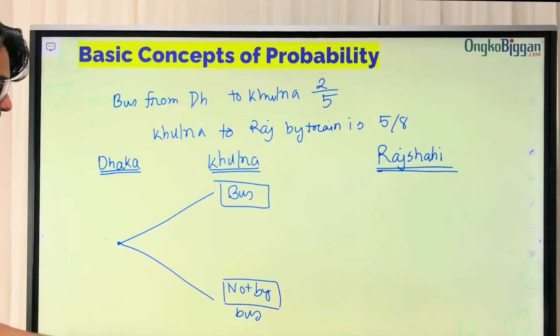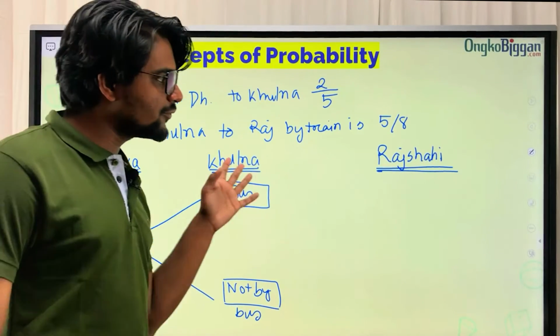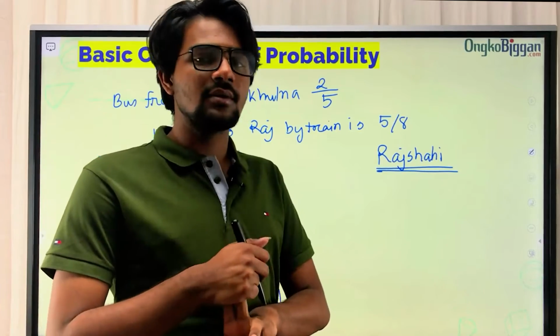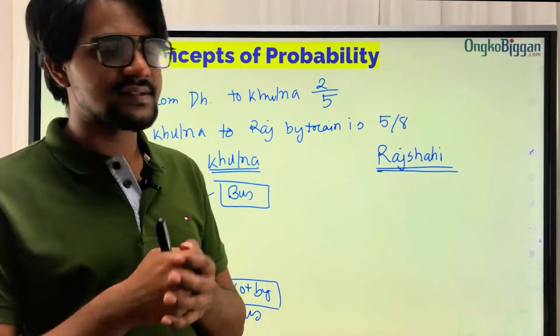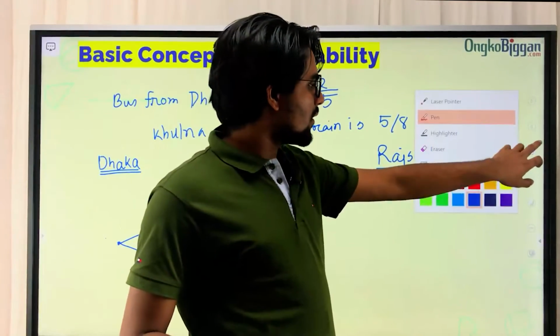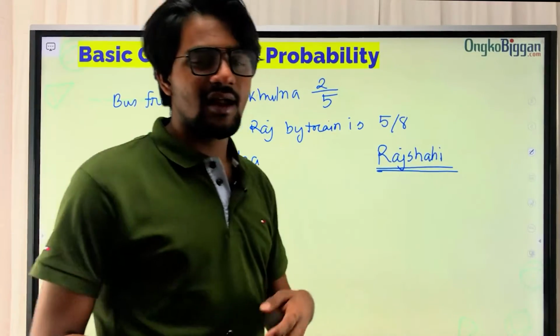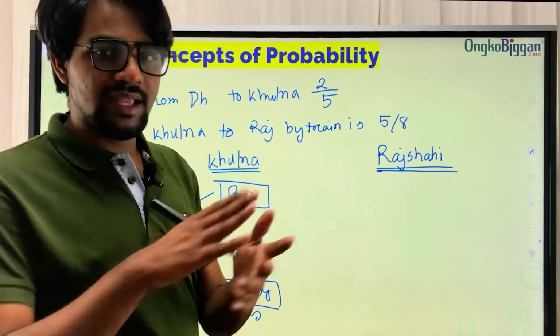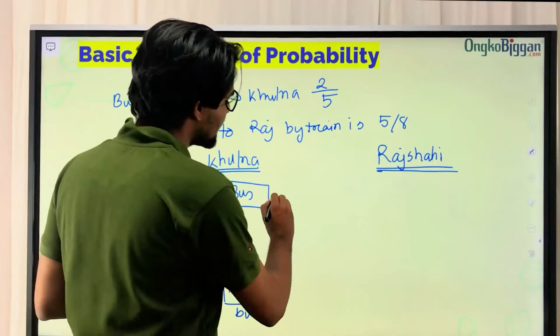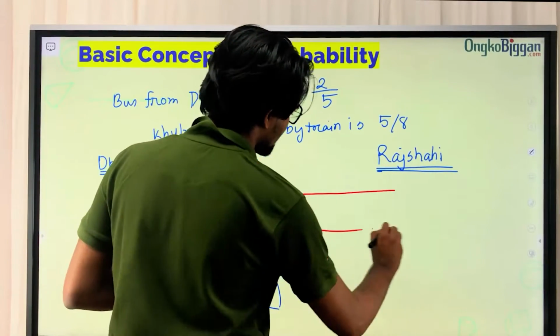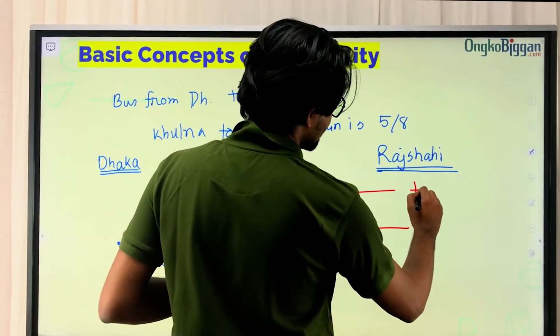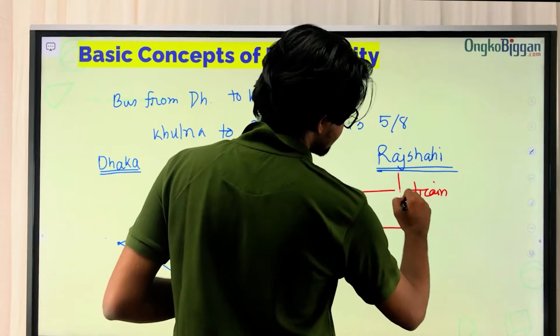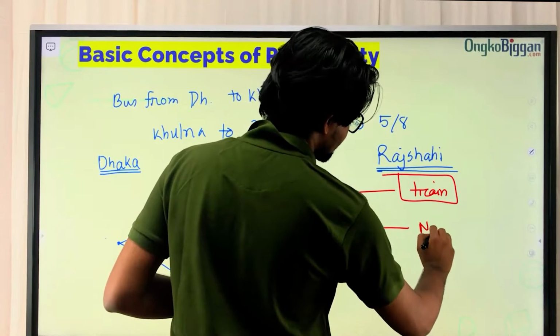Okay, so after we reach Khulna, he can move to Rajshahi either by train or by a different transport like bus or other transport like private car, steam rail, plane, etc. So he can take a train or not take a train. Okay, train, no train.